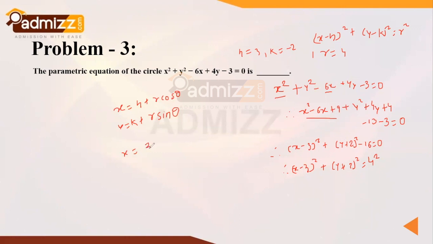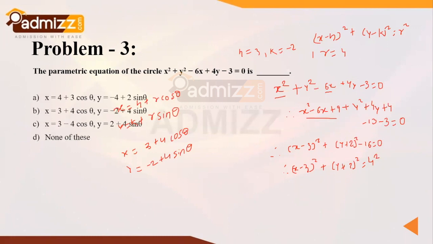It is 3 plus 4 cos theta, and y equals minus 2 plus 4 sine theta. These are the values which you obtain after simplification. Let's have a look at the parametric equations provided. And yes, we can come to a conclusion that the answer B is matching our required answer.